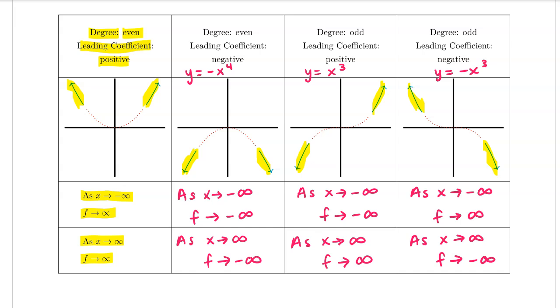So again, if I ask you for end behavior, you can do up, up, down, down, down, up, or up, down. So these are the 4 variations on the arrow notation that talks about end behavior.